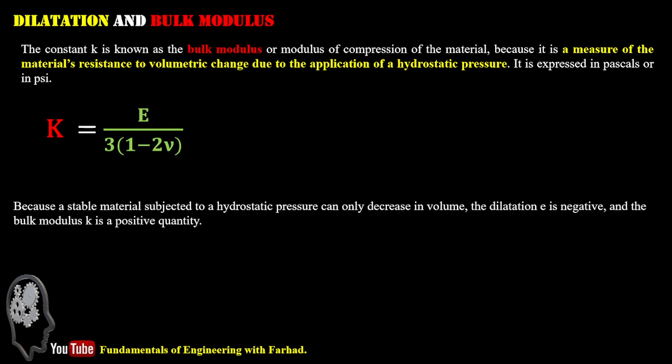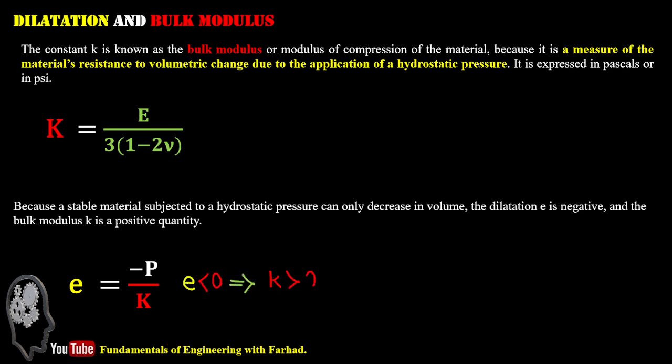So if you apply an overwhelming pressure to a normal engineering material, again a stable engineering material, it just shrinks, or decreases in volume, so the dilatation of the material is negative. Then epsilon x plus epsilon y plus epsilon z should be negative, and because this is negative, K should be positive to keep that relation.